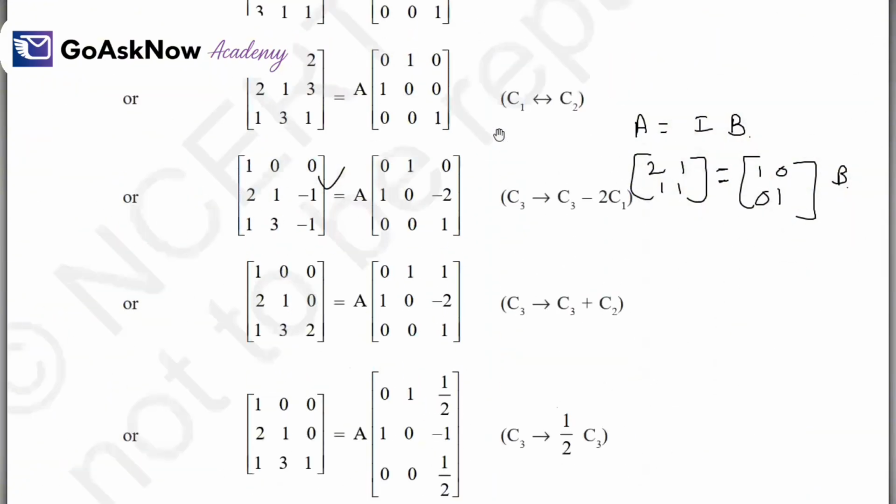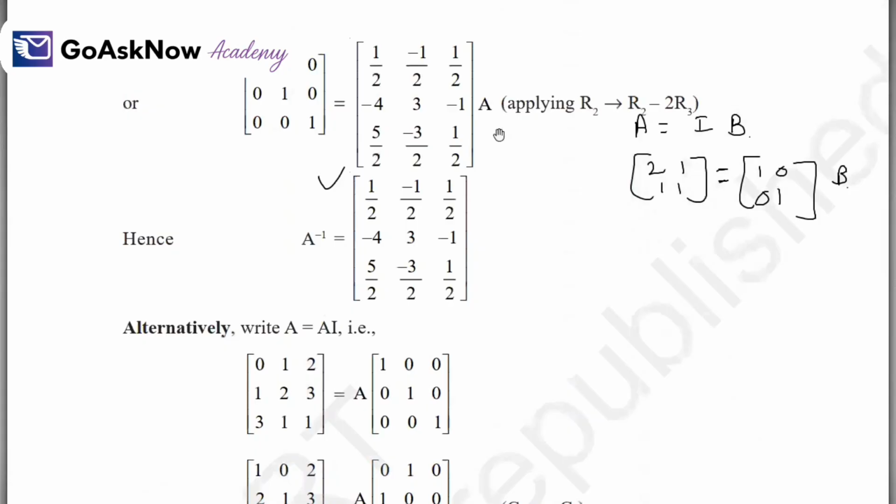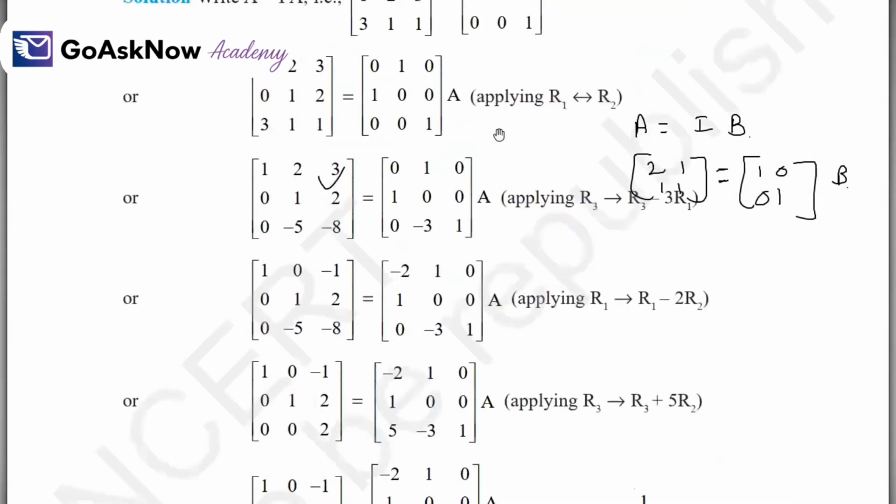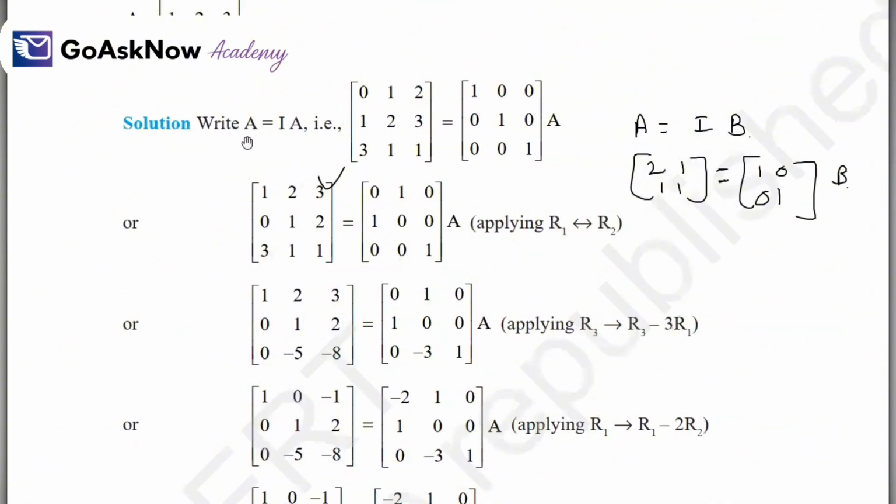Here we have already talked about this in the previous class, how to find the inverse of a matrix. So we have written it as A equal to IA. So A is written here like this, and then IA. That is how I have written it here also, using the row operations that we have done here.